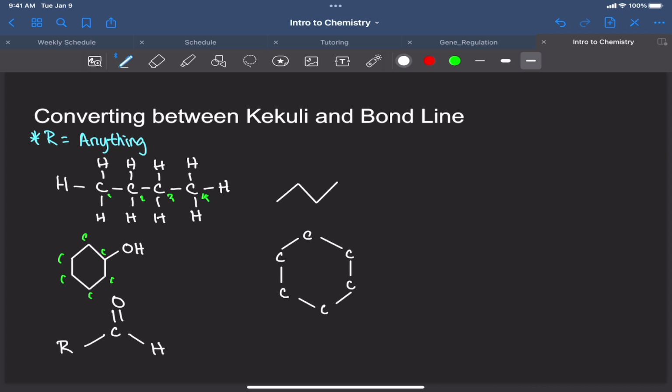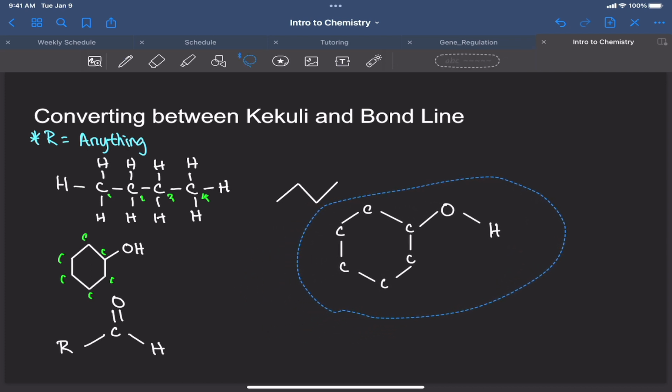We have a hexane ring. Now this carbon here is bonded to a hydroxyl group. So an oxygen bonded to a hydrogen. There we go. That's our Kekulé structure.